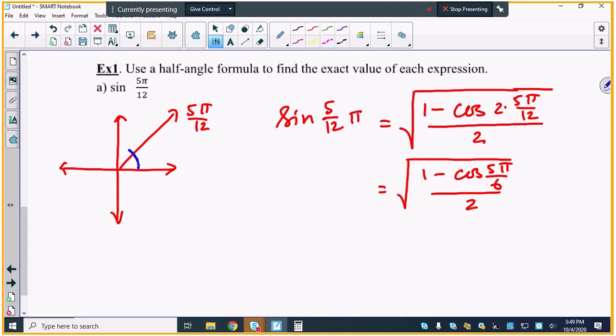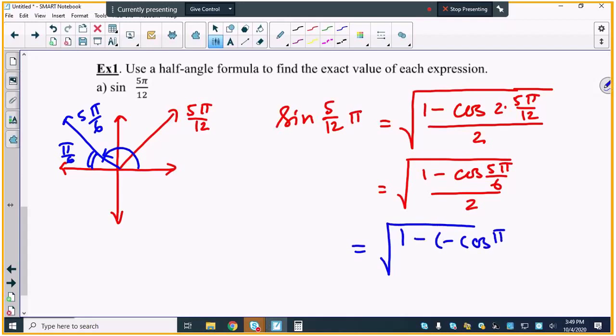But that's easy because this is 3 pi over 6, 2 more, so that's 5 pi over 6. And remember, this is in the second quadrant, so cosine is negative and the reference angle is pi over 6. What's my point? I said this is square root of 1 minus cosine pi over 6, because 5 pi over 6 is in the second quadrant, cosine will be negative there, over 2.